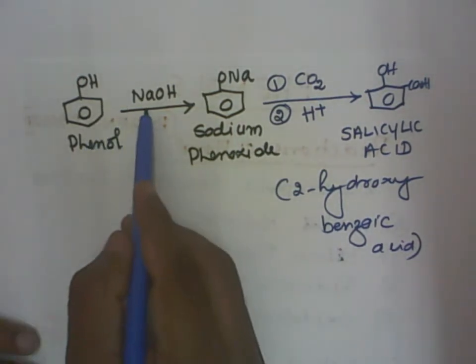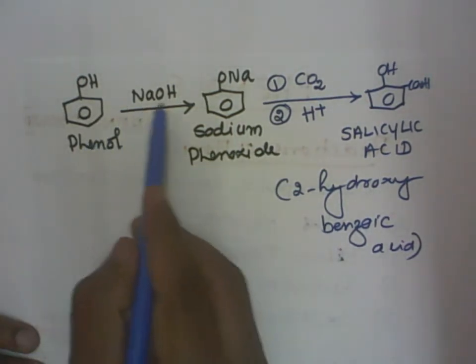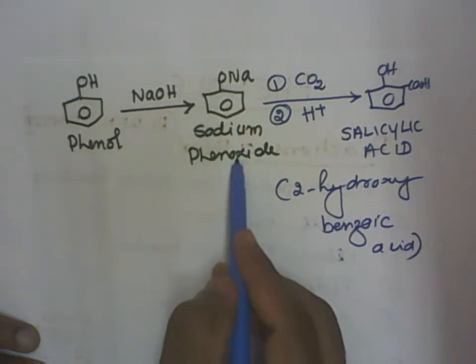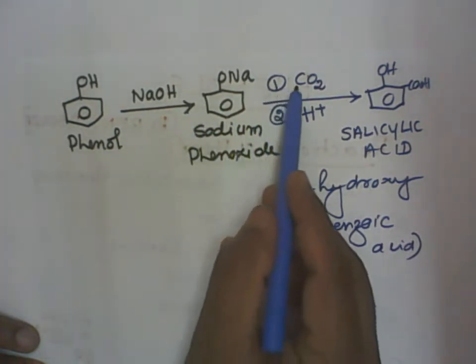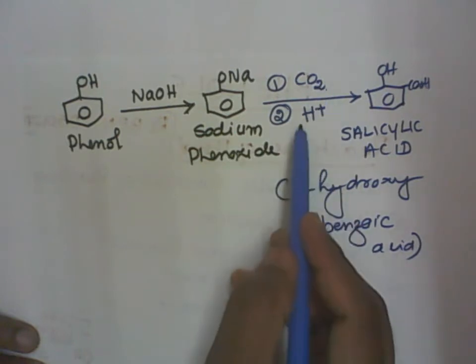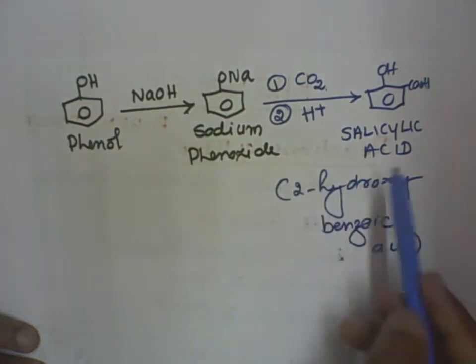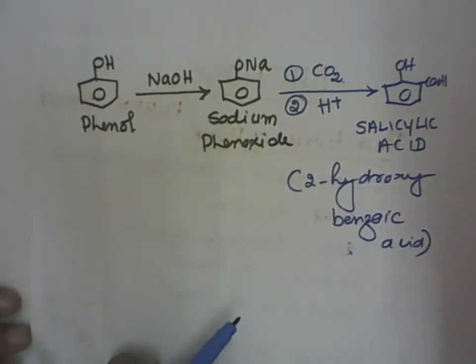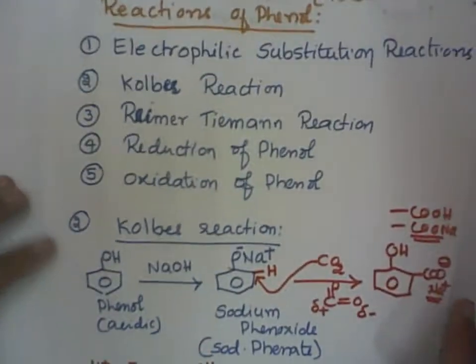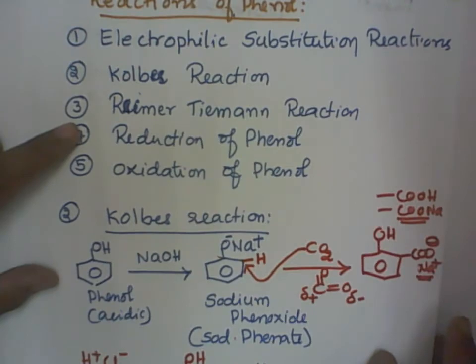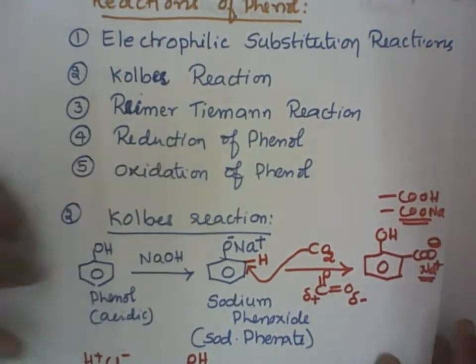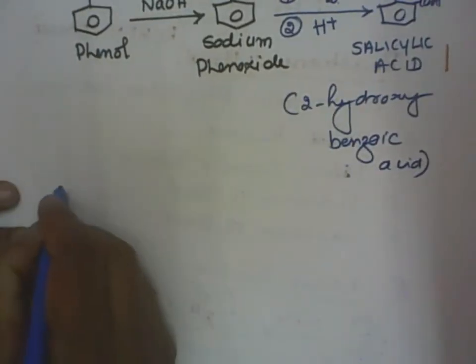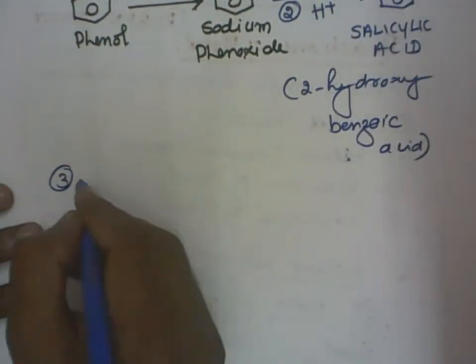Phenol reacts with sodium hydroxide to give sodium phenoxide. Then it reacts with carbon dioxide, followed by acidification, to give salicylic acid. Right? Yeah. This is the second reaction. What is the third reaction? It is called the Reimer-Tiemann reaction. The third reaction is the Reimer-Tiemann reaction.